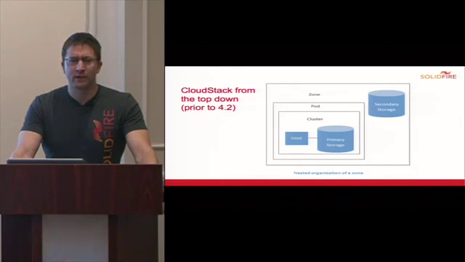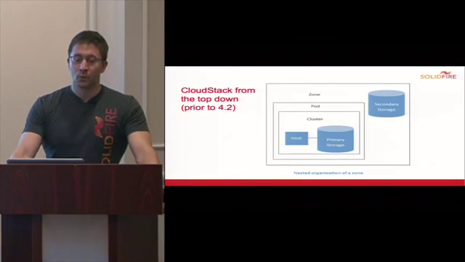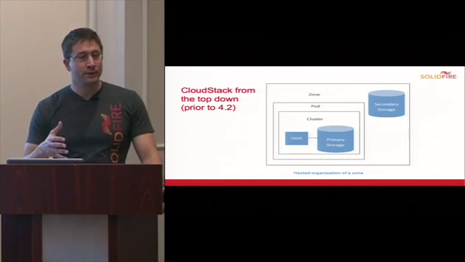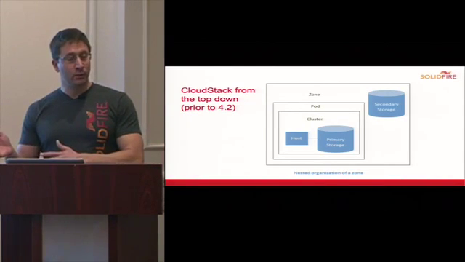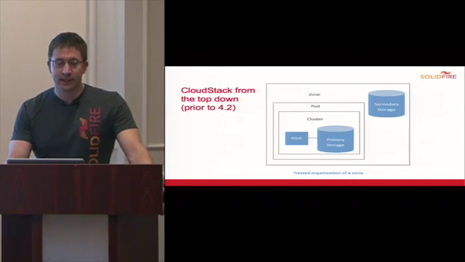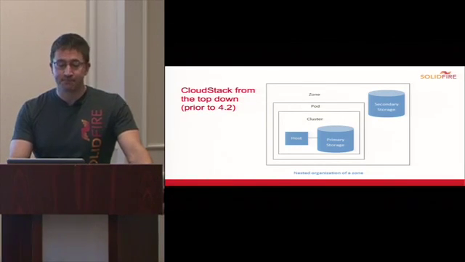There was no real way of me taking specific snapshots on my SAN or doing anything like setting my quality of service options. So 4.2 is really where that came into play. And we'll follow through a sequence here showing you how storage worked prior to that release. And it still does work that way, but there are a lot of really cool enhancements as of the 4.2 release. And I leverage those to deliver guaranteed quality of service in CloudStack.